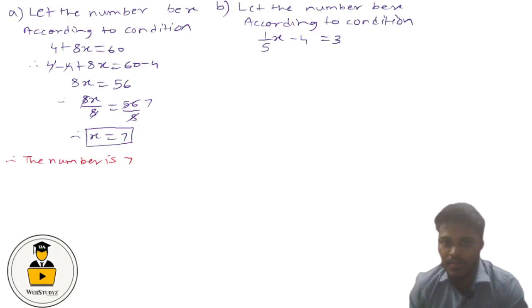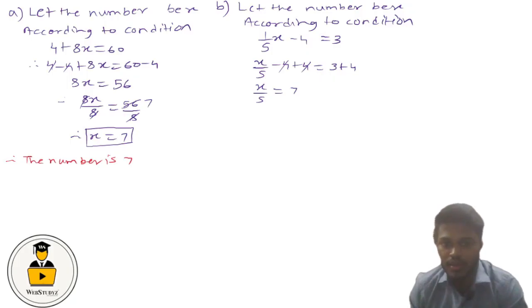Now the first thing that we will do is add 4 on both the sides of this equation. So x/5 minus 4 plus 4 equals 3 plus 4. This will get cancelled and it will be x/5 equals 3 plus 4, which will give us 7. Now in order to get the value of x, we will multiply by 5 on both the sides.